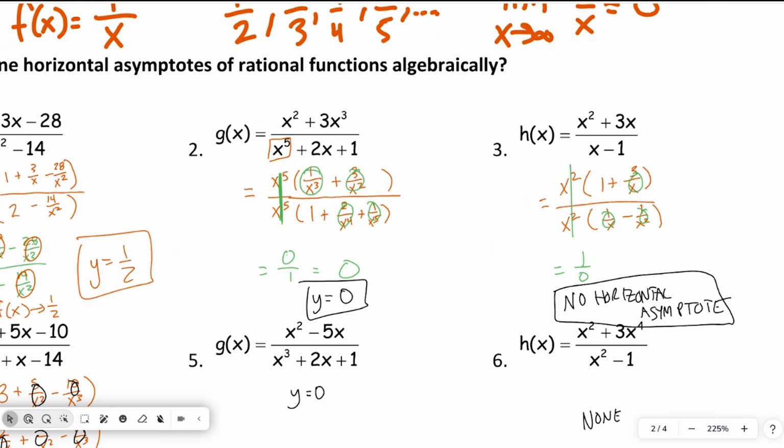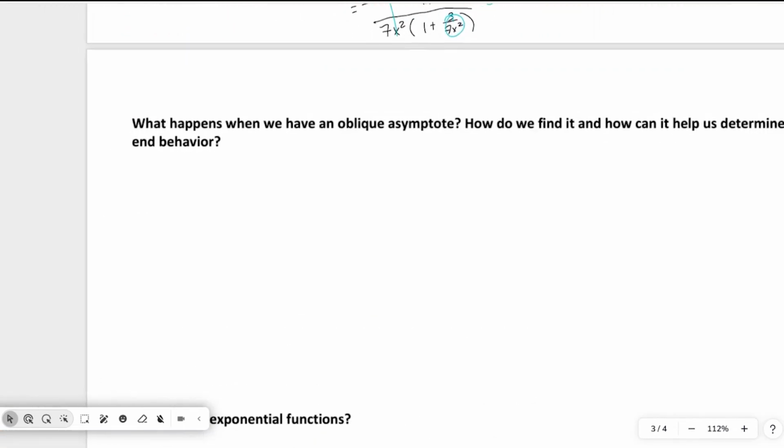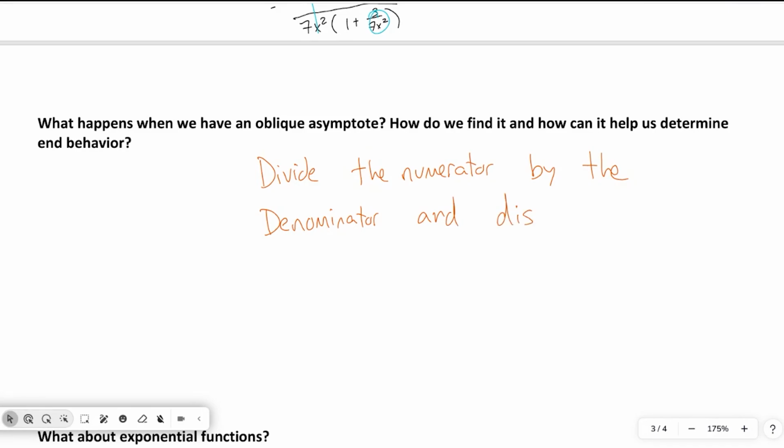So to find that oblique asymptote, in other words, to find the end behavior, or the function that defines the end behavior, what you need to do is, and you won't have to do this very much, but I just want to briefly go over how you get that, just as a little reminder from Algebra 2, I think: you're going to divide the numerator by the denominator and disregard the remainder.